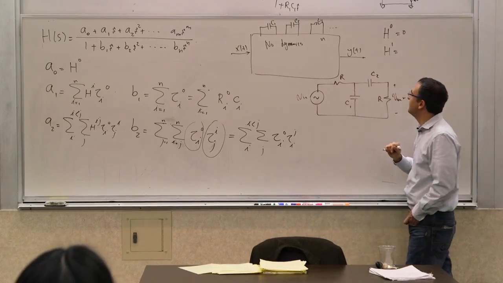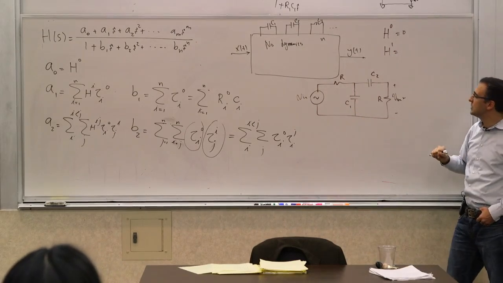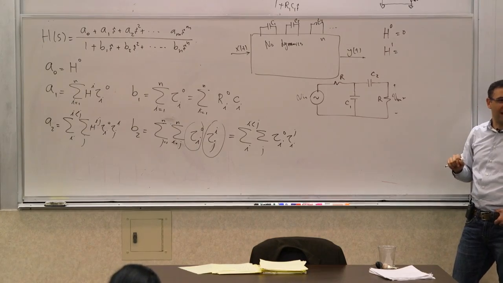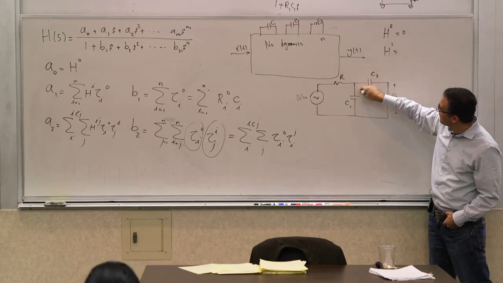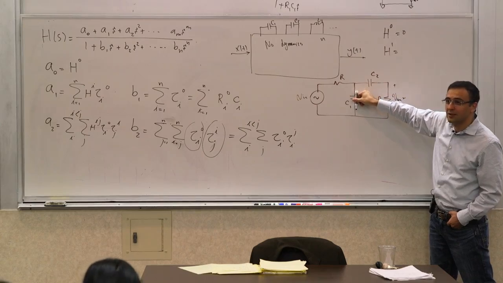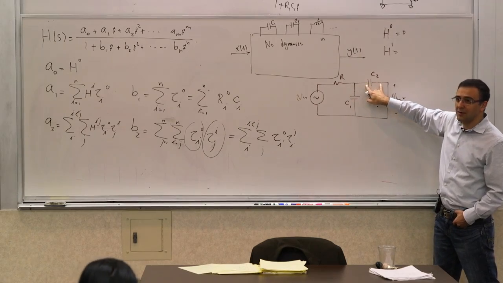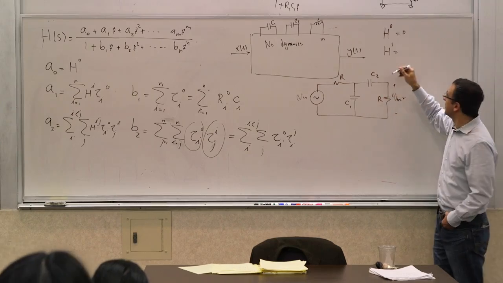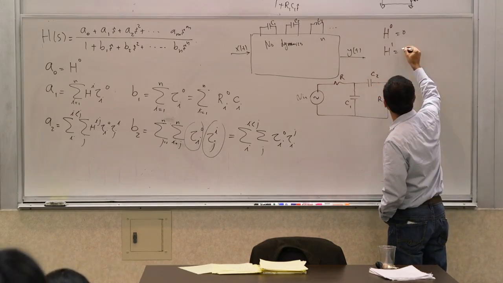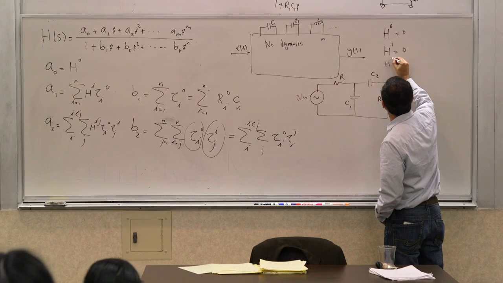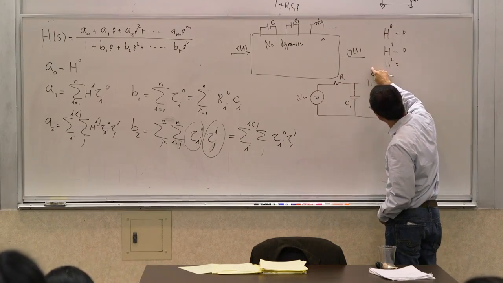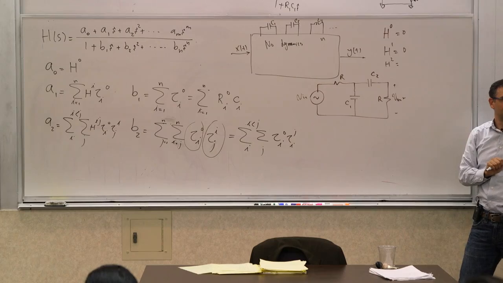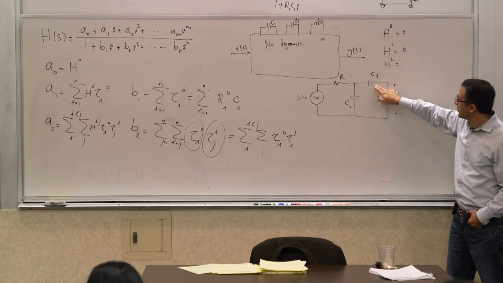When C1 is infinite valued and C2 is zero valued, C1 infinite valued means that this is shorted, and C2 zero valued means that this is open. So what is V out? Still 0, because this is open, so it doesn't matter what happens there. Now, how about H2, when C2 is infinite valued and C1 is zero valued? Meaning this is short, this is open.